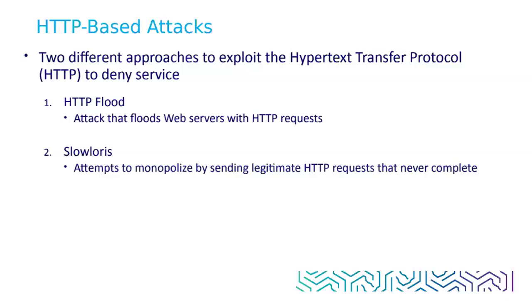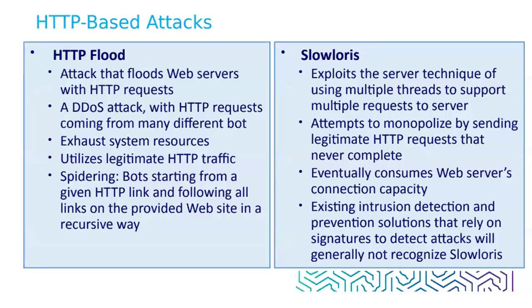See, the major differences between these two: the traffic volume in HTTP flood is very high, but in Slowloris it is very low. The request type in HTTP flood is a complete HTTP request, but in Slowloris it is an incomplete HTTP request.